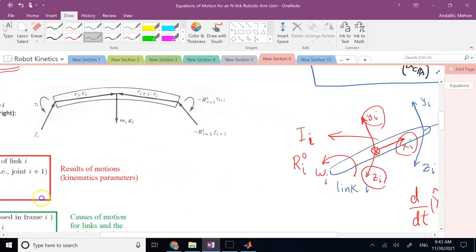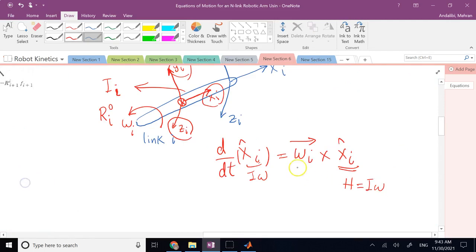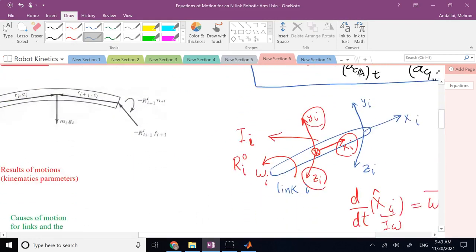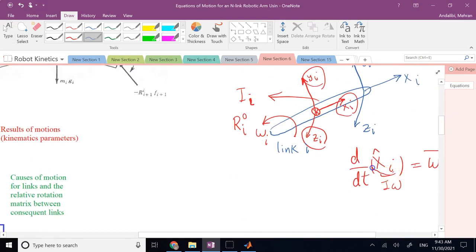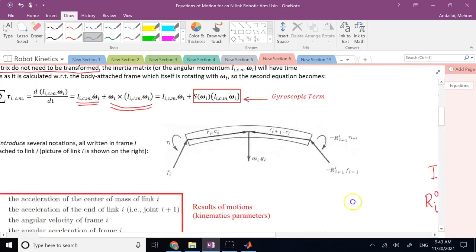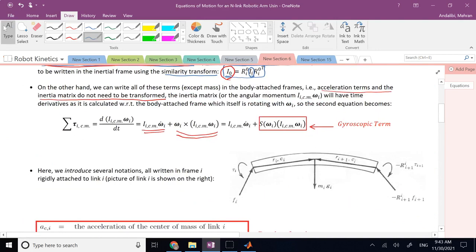Now you might say, here I only have one term. How come here you have two terms? Well, because in here, this unit vector had a constant magnitude. The magnitude of it did not change, only the direction of it did. But in here, this vector I omega can both change magnitude and direction.